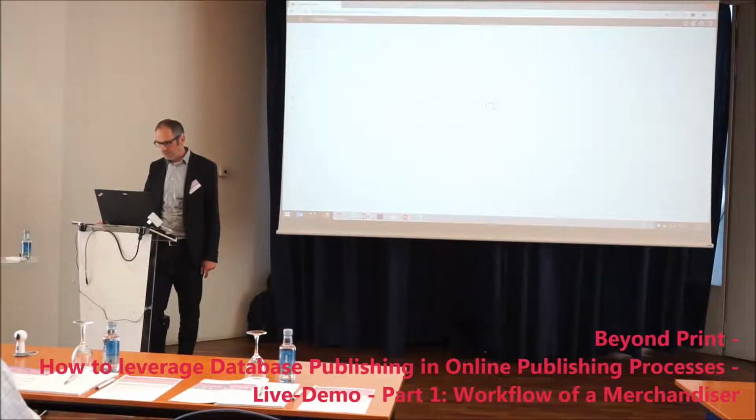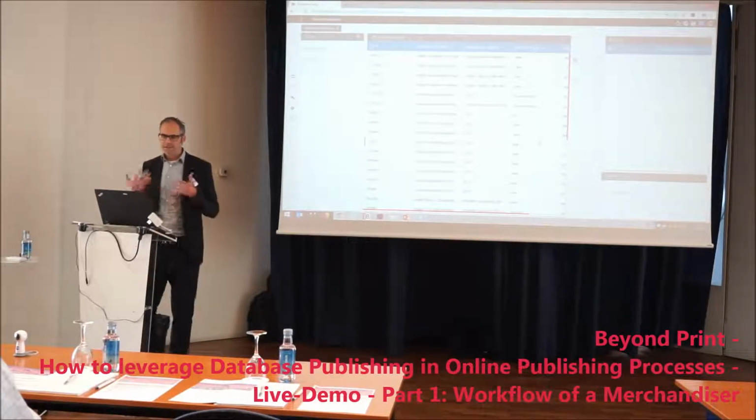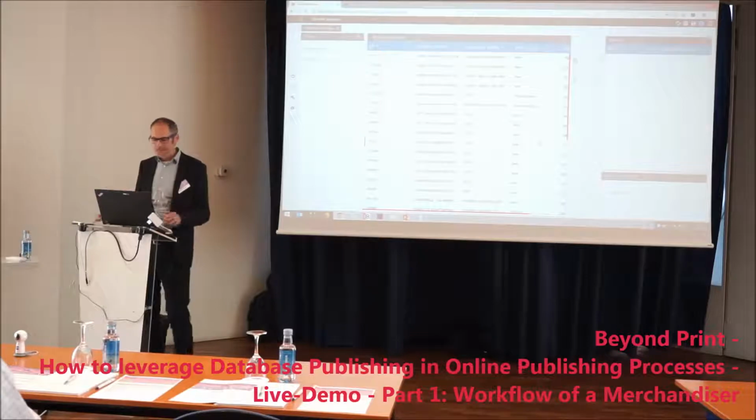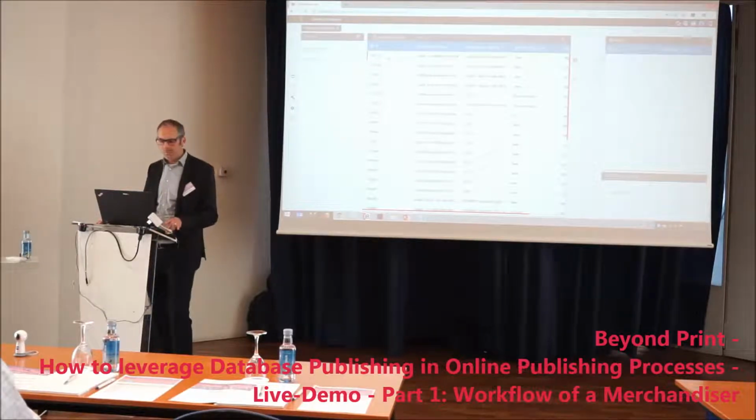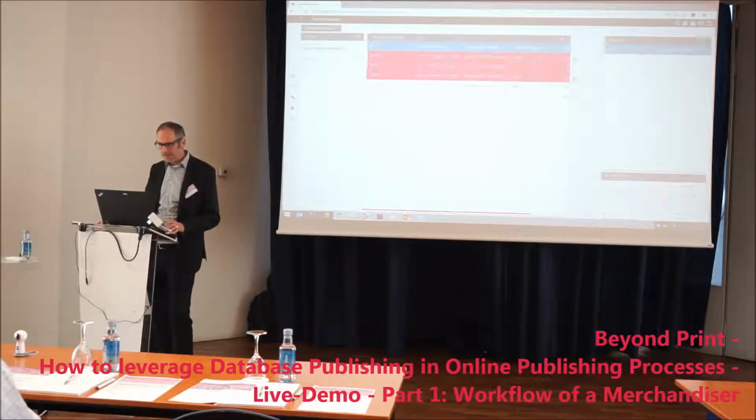So the first thing I see is a list of data, and then I can select on this data with 3 predefined filters. Now I have the possibility to add 6 filters to get the right data, and then I can simply say I want to select this data and add it to a basket.